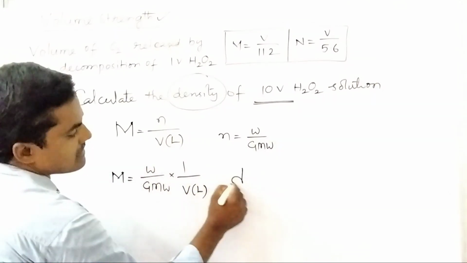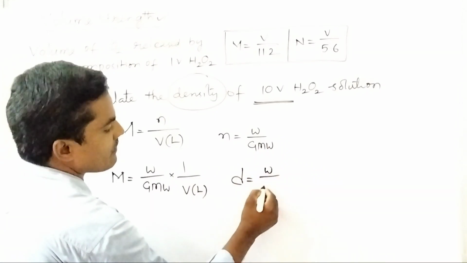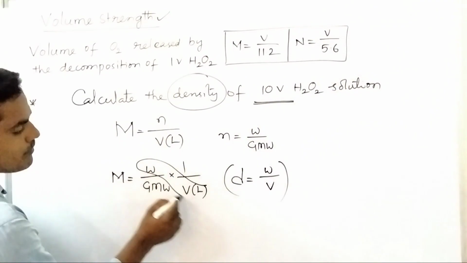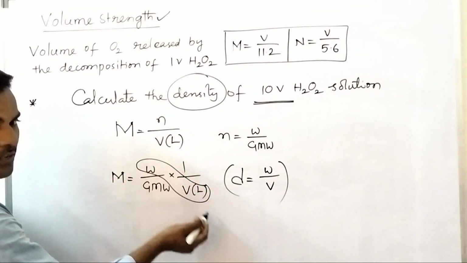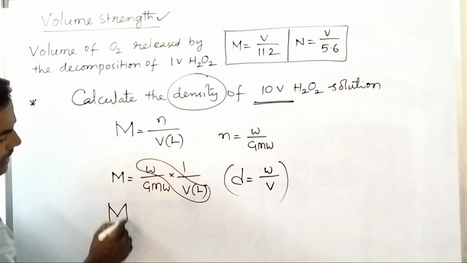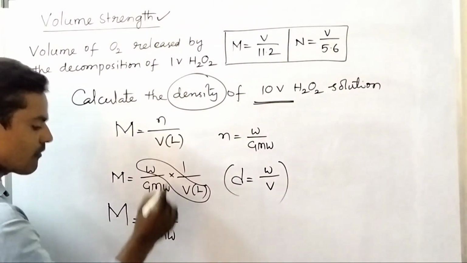Now we know what is density. Density equals mass by volume, or weight by volume. So molarity equals density upon gram molecular weight.